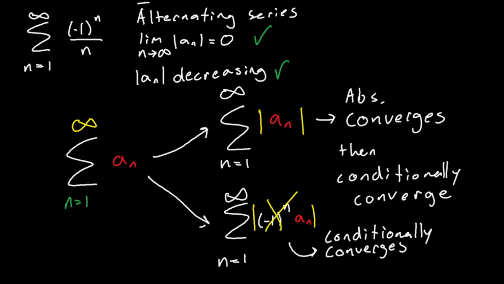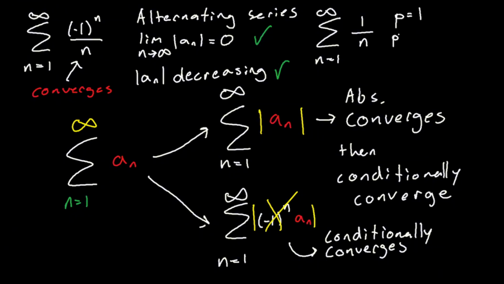So due to the alternating series test, this guy converges. That's big. Let's put it in red. This guy converges, right? Let's go ahead and take the absolute value of the series, n equals 1. All right? If we take the absolute value, we just get left with 1 over n, right? It just eliminates the alternating portion of your series. Well, this is just a simple harmonic series, right? Harmonic series diverges. We already know that.